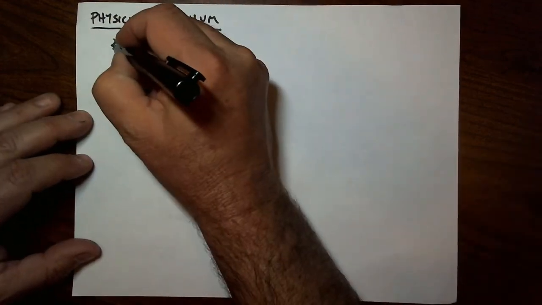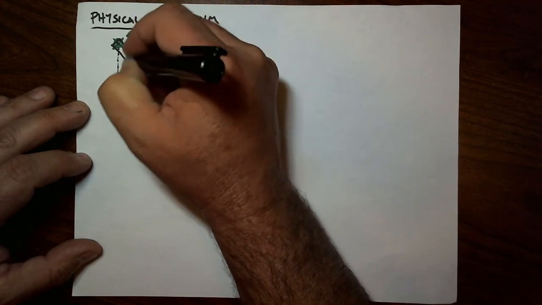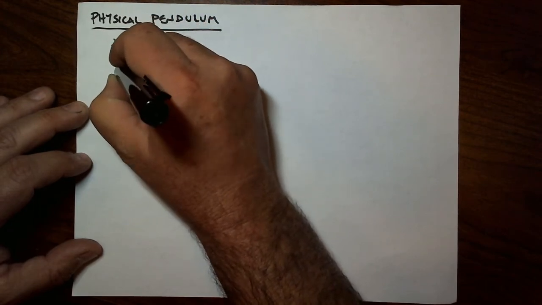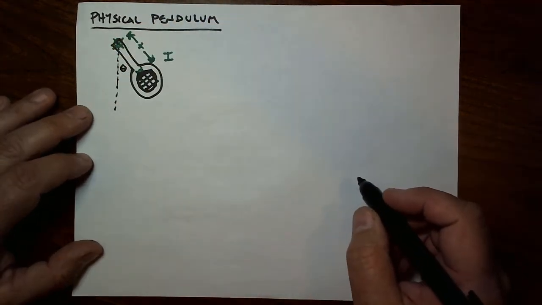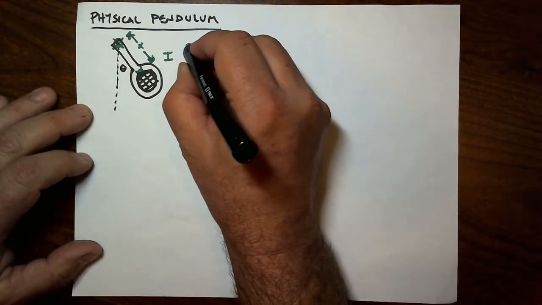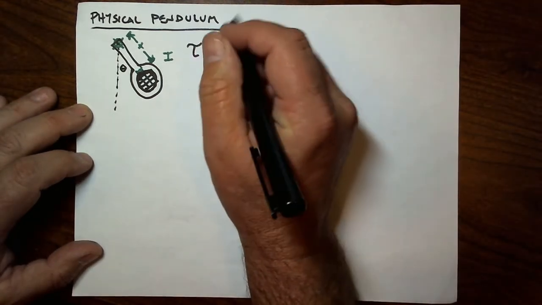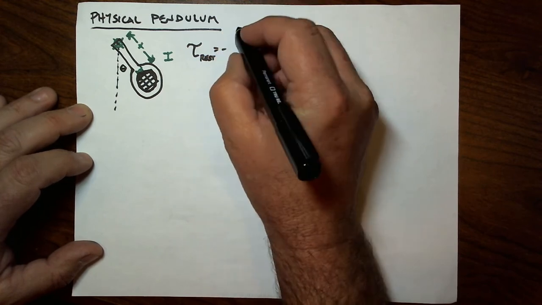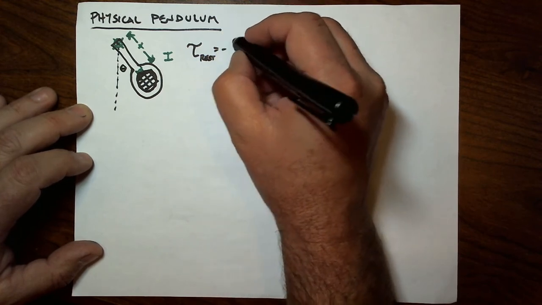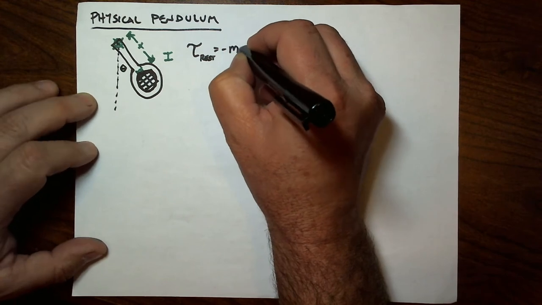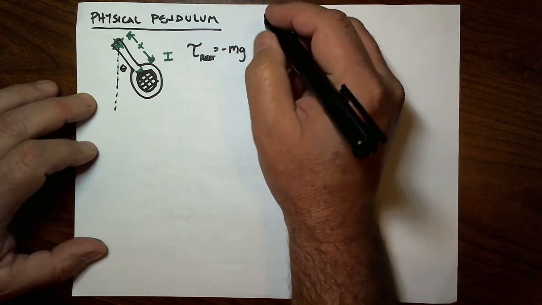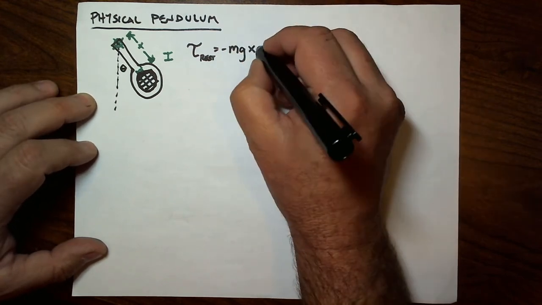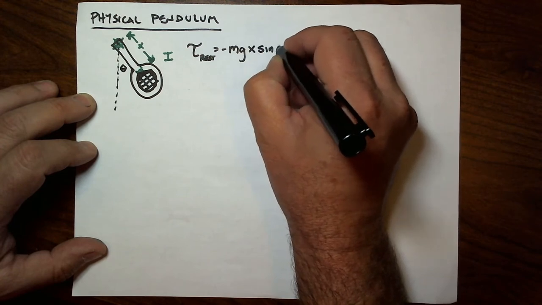Anyway, the pendulum wants to hang straight down this way. The tennis racket wants to hang, but I have deflected it to the side by an angle theta. And by the same argument from the last video, the restoring torque for this situation is going to be minus the weight of the tennis racket times g times x times the sine of theta.